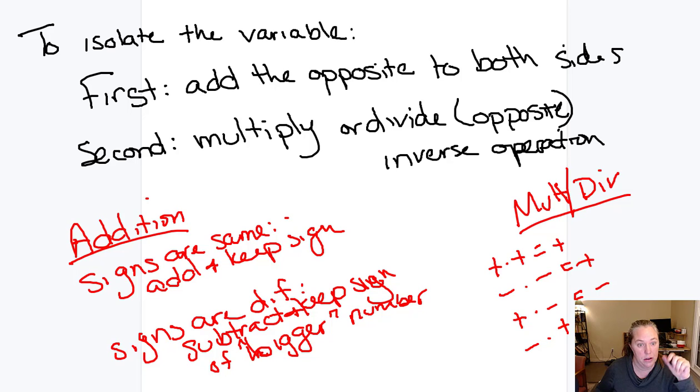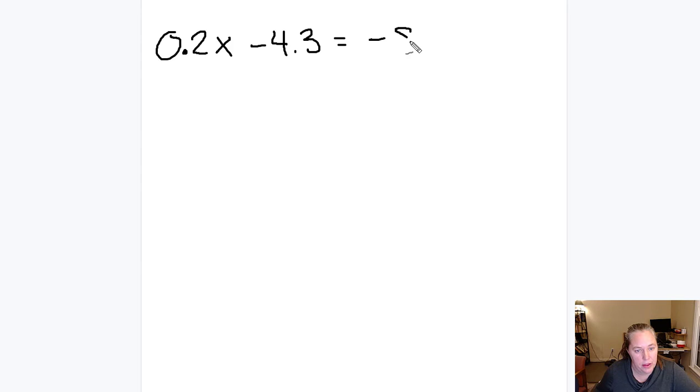Okay, so I'm going to do an example, and then we're done with this video. So here we go. Let's do 0.2x minus 4.3 equals negative, we'll do, I think, 8.7. It looked something like that.